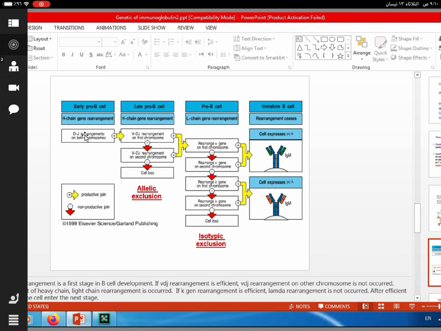In early pro, DJ rearrangement occurs on both chromosomes, maternal chromosome and paternal chromosome. After VDJ rearrangement on the first chromosome, VDJ rearrangement on the other chromosome does not occur. This phenomenon is named allelic exclusion.